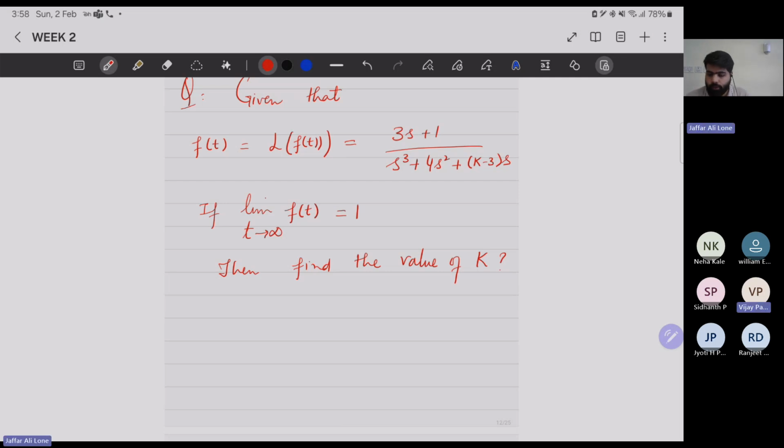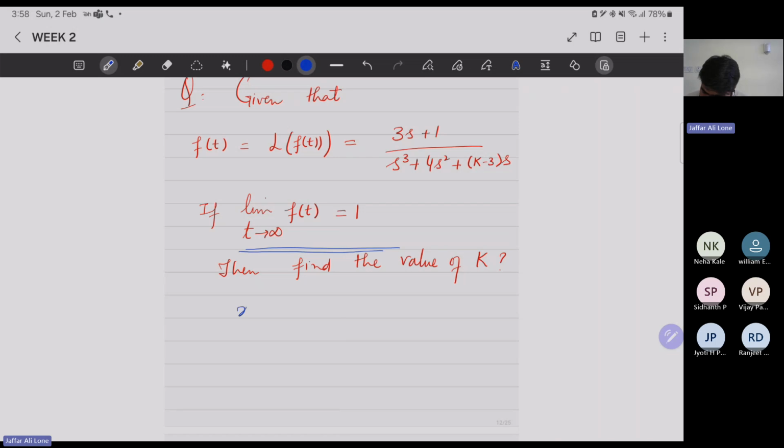Yes, so what is given? You are given the final value of the function. So the final value of the function is given. So is it the final value? Yes. So this is the final value that is given, then how will we proceed?